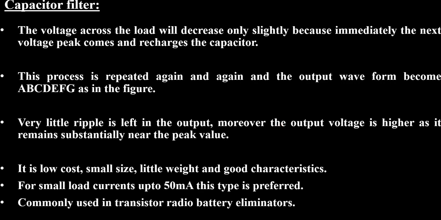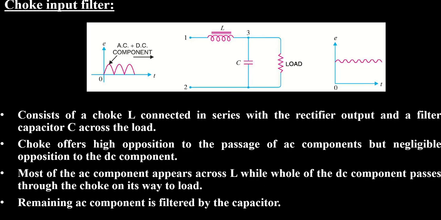Now another second type of filter circuit is the choke input filter circuit. As the name suggests, a choke or an inductor coil is connected in series with the rectifier output.